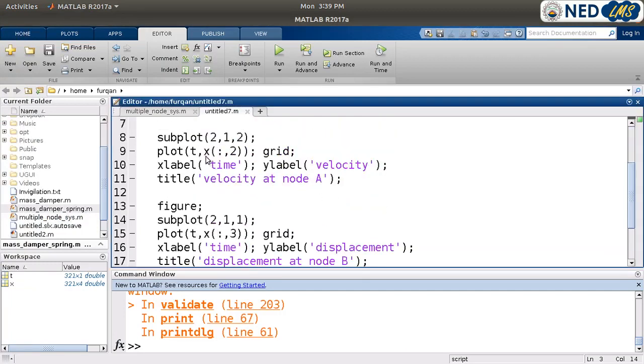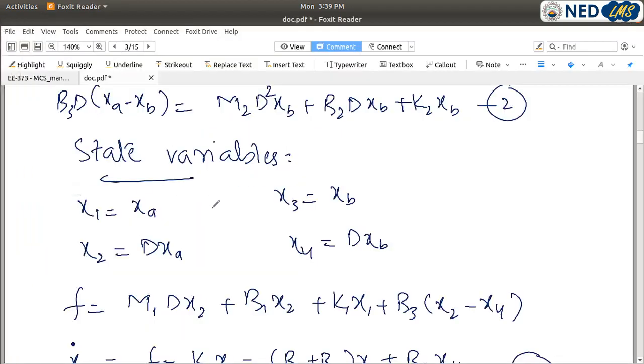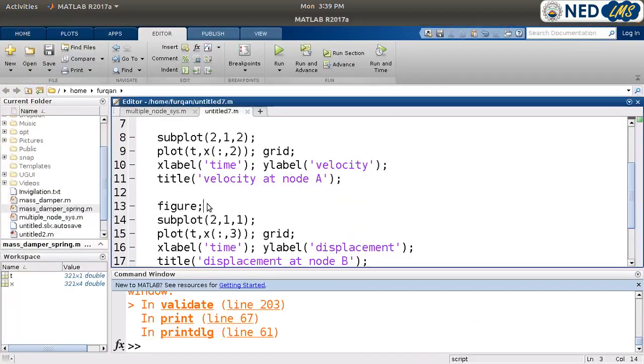Second is plot t comma x2, which is time and velocity. Velocity at node A here. X2 is dxa over dt, which is velocity. Similarly, this is the new figure, and in this new figure we also have created two areas to be plotted.